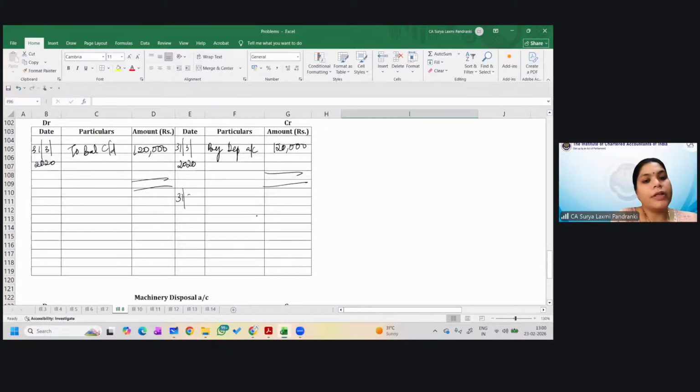Now again on 31st March 2021, by depreciation account, which will be 1,08,000. The second depreciation was 1,08,000. 31st March 2021, to balance carried down.